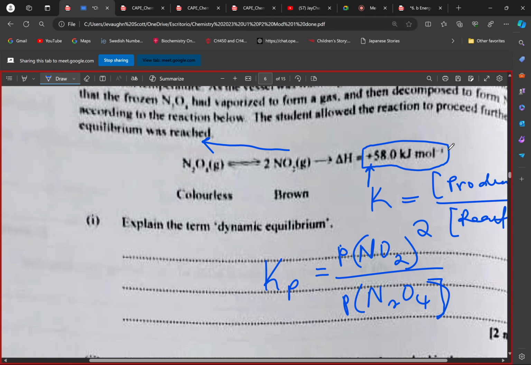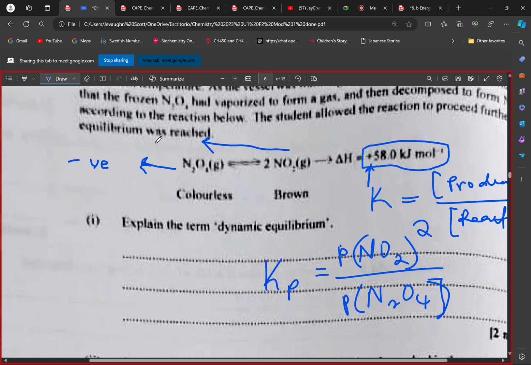So if the forward reaction is endothermic, the reverse is exothermic. It's going to be negative. So if you picture it like this, if you're standing by a fire, let's say the place is cold, and you're standing by a fire.